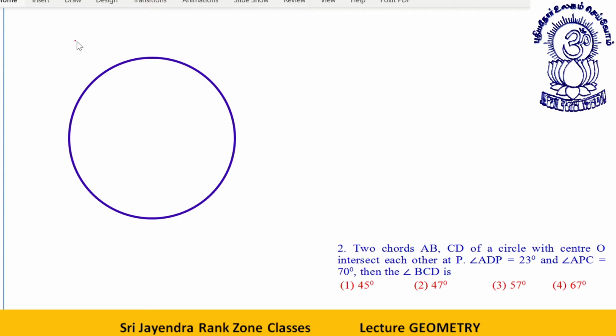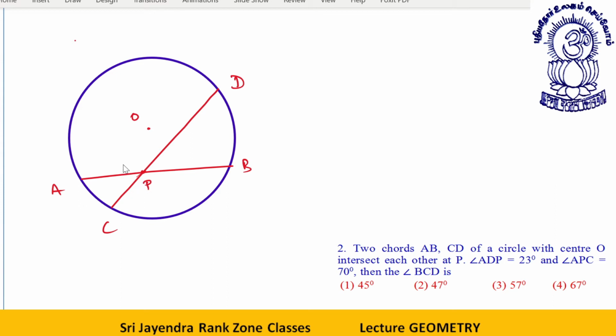Let me draw the two chords AB and CD, which intersect each other at P, and let's say this is the center O. If angle ADP is equal to 23 degrees and angle APC is equal to 70 degrees, then you have to determine angle BCD.